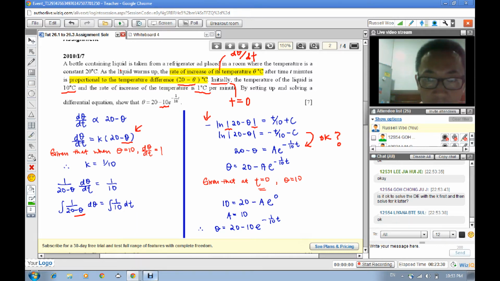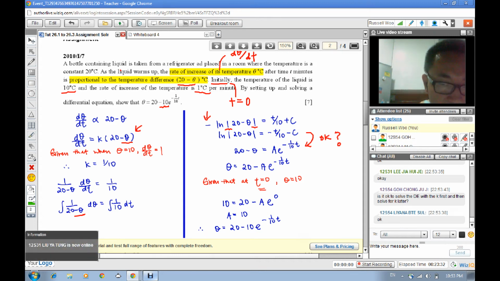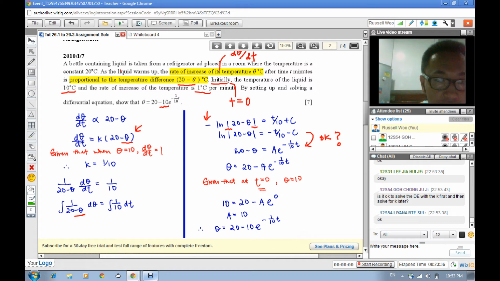Justin's question, is it okay to solve the DE with k first and then solve for k later? Yes, I suppose it's okay. When you solve for k, you are still substituting back into the DE to find k, am I right?